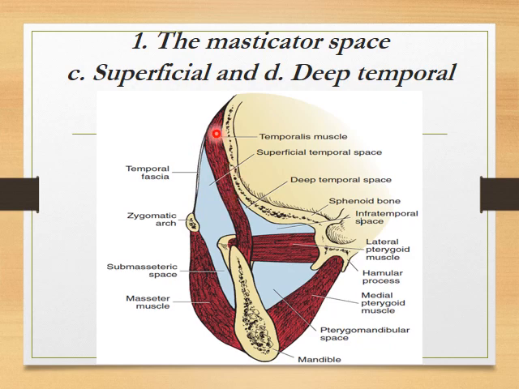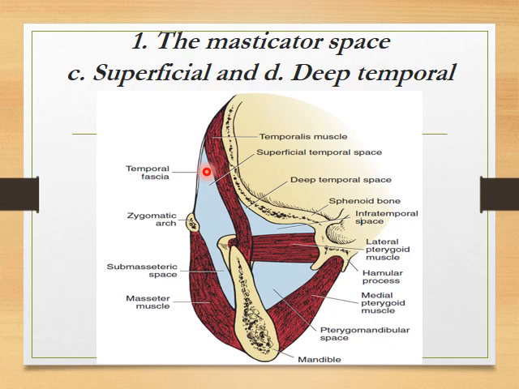Its content is the temporal fat pad and the temporal branch of the facial nerve. It rarely becomes infected, and usually only in severe infection due to spread from the infratemporal space, with which it communicates. It also has connection with the buccal and deep temporal spaces.